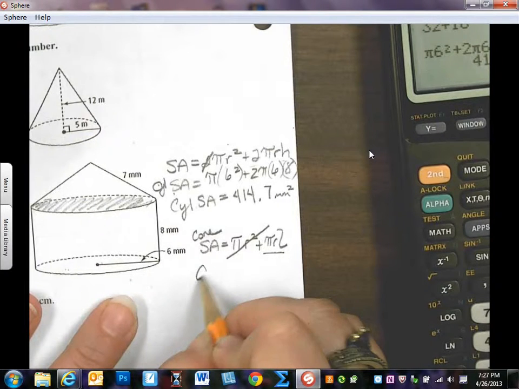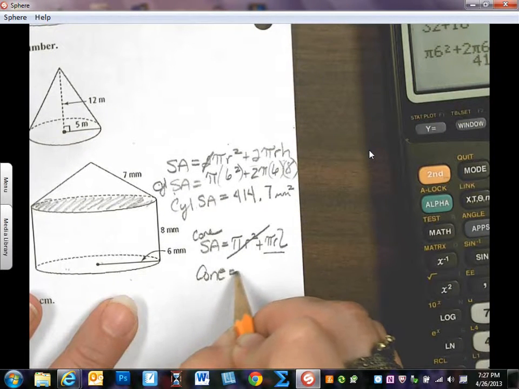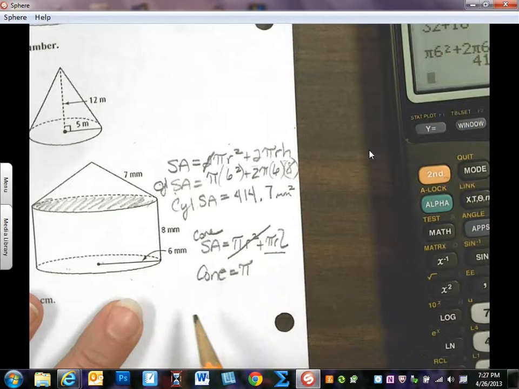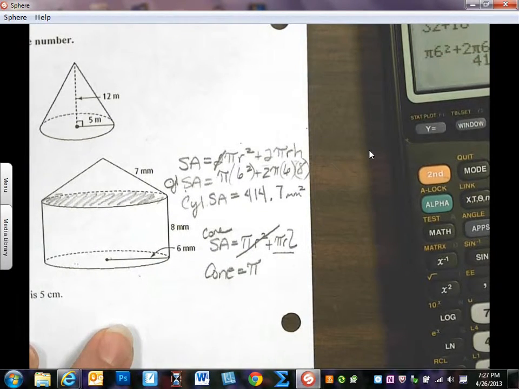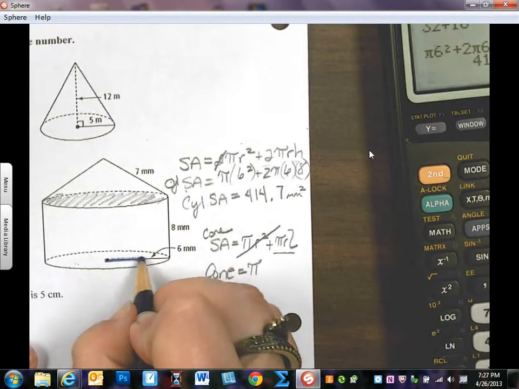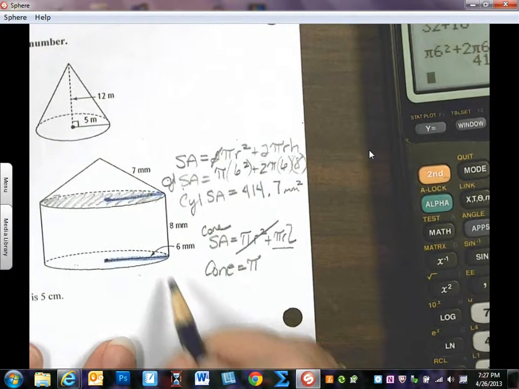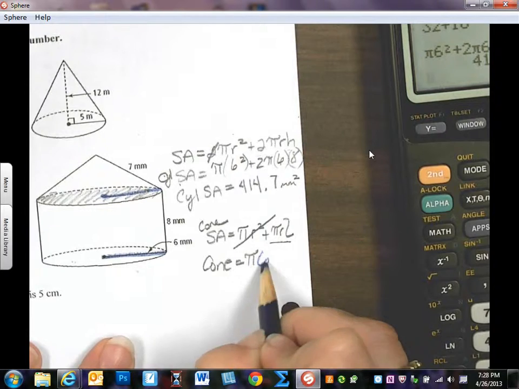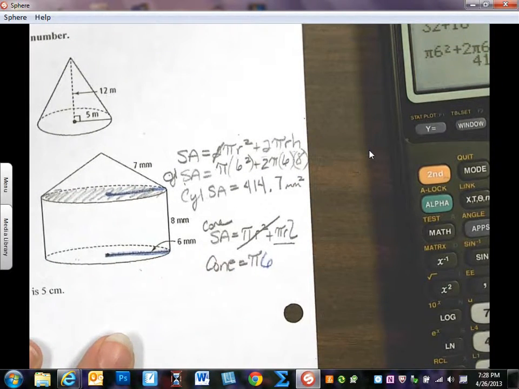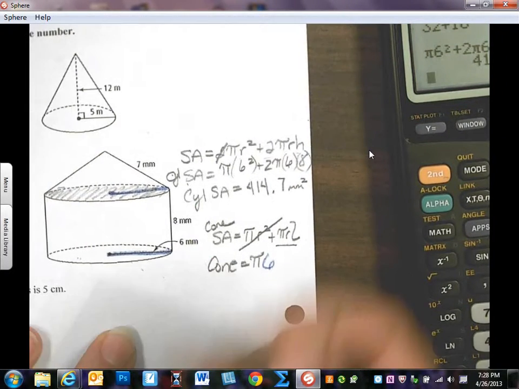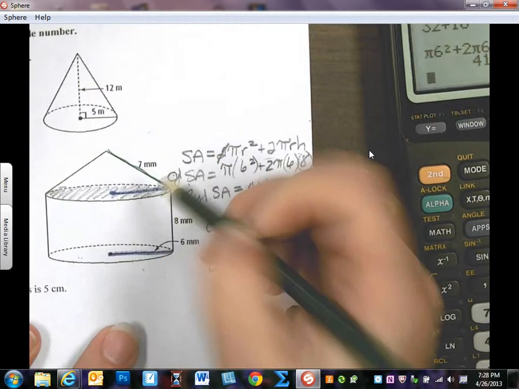So the cone is going to equal pi. What is your radius? If this is the radius down here, isn't that the same radius at the top? It is. It's 6. And then what is your slant height? The slant height is going to be this, which is 7.